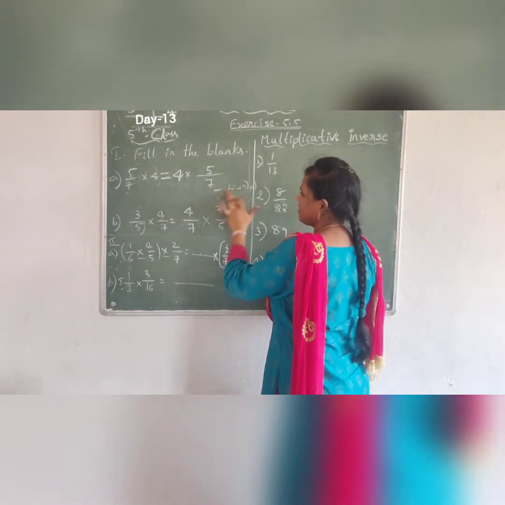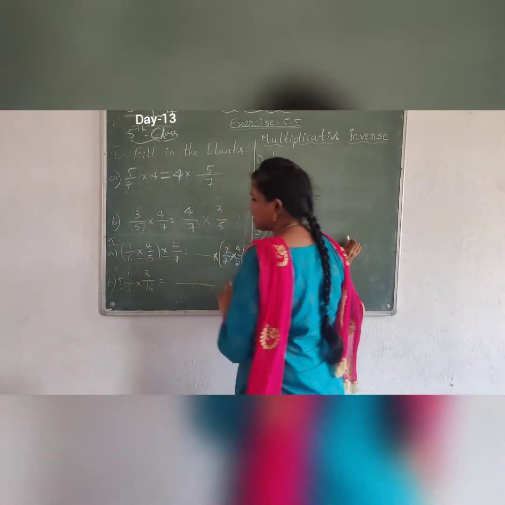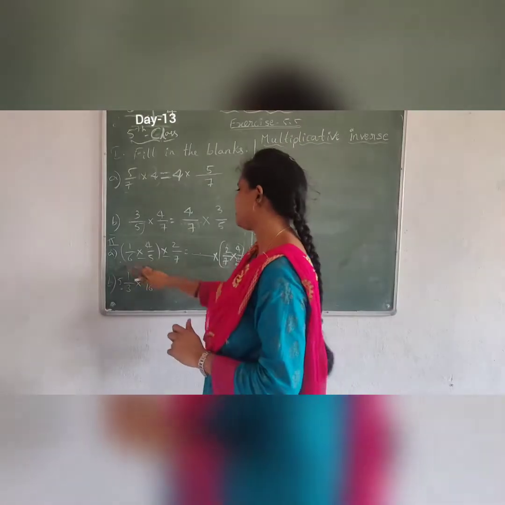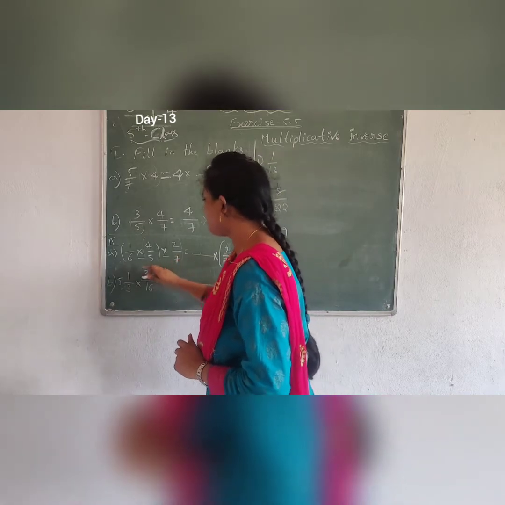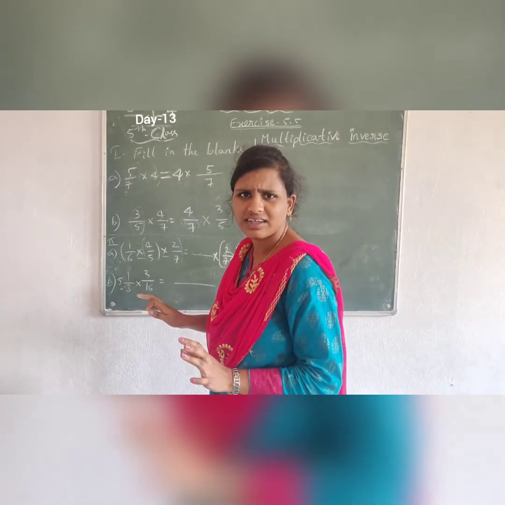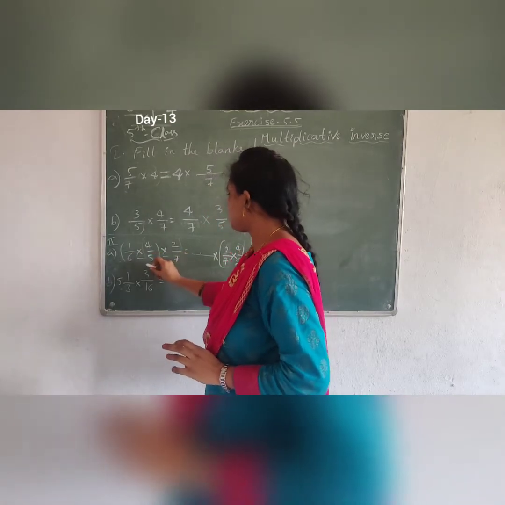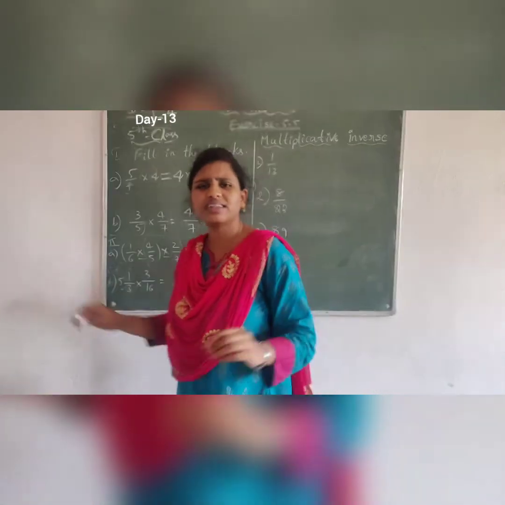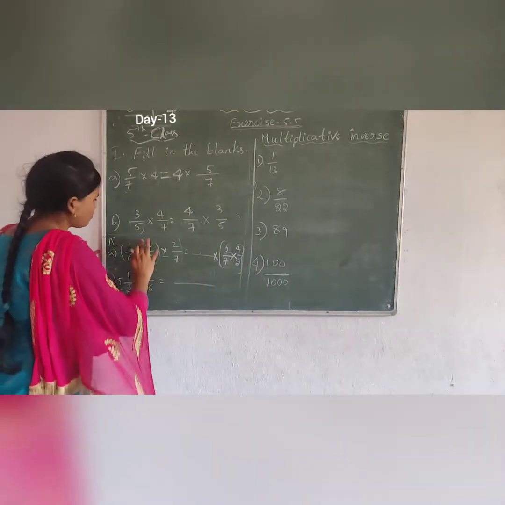See, here also these 3 are in multiplication form. If you multiply these two numbers and then multiply with this number, you will get one answer. If you multiply this number with the answer of the other two, you will get the same answer.